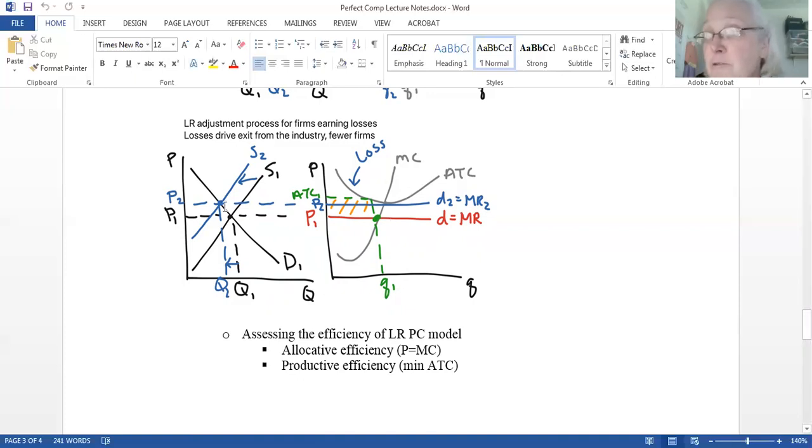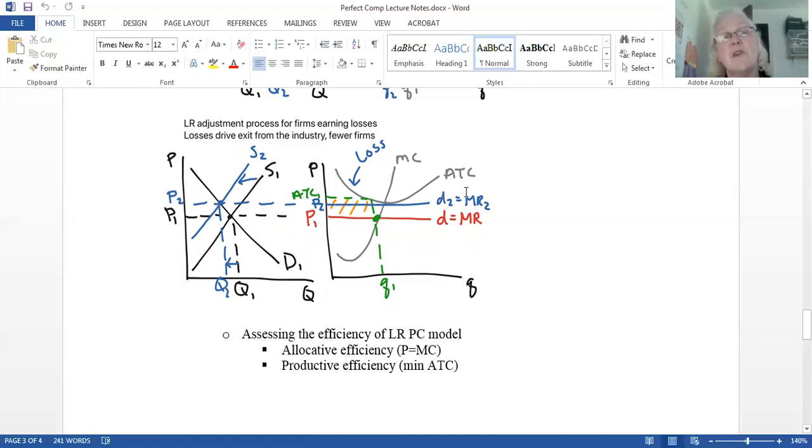And then you come across to the market and then you add the P2. I added my blue dot after I had established the minimum on the ATC, then I come across. That's where I know that my big S will stop shifting. This market will stabilize at P2, Q2 because that's the break-even point.